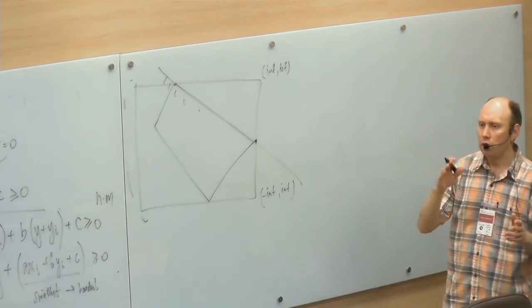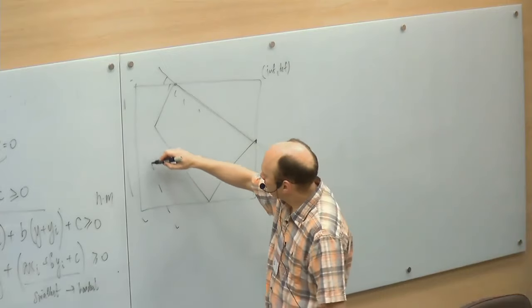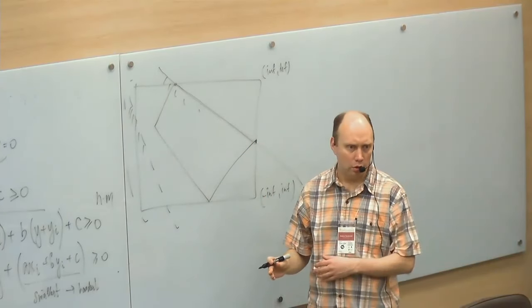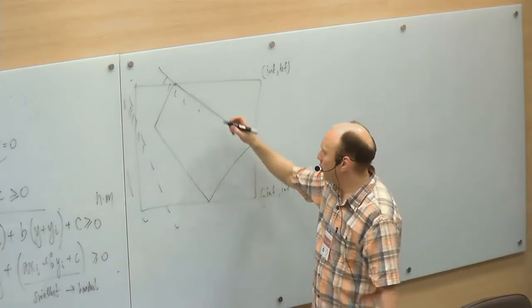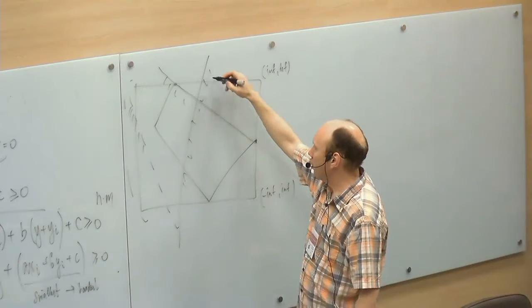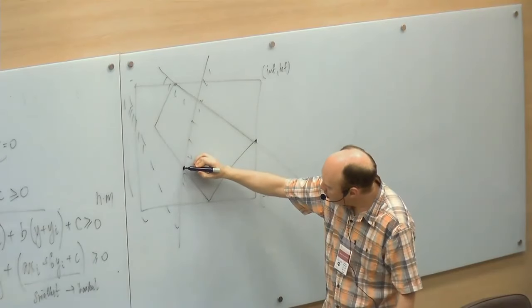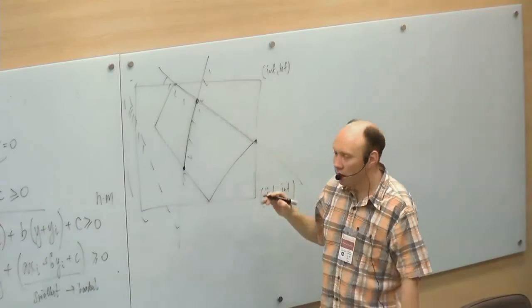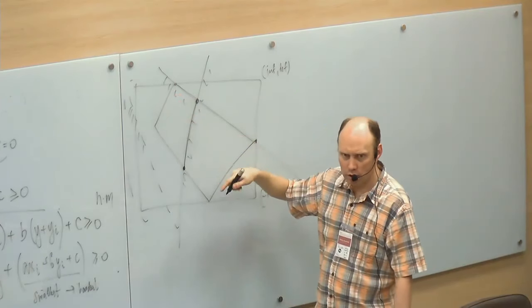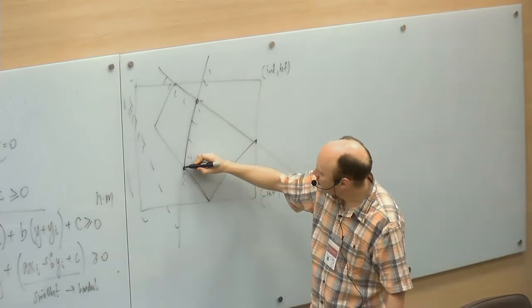If it is all outside of the half plane, then we say no solution. And if it crosses, then we walk around, find intersection points, cut away the part that is outside, and get a new polygon.